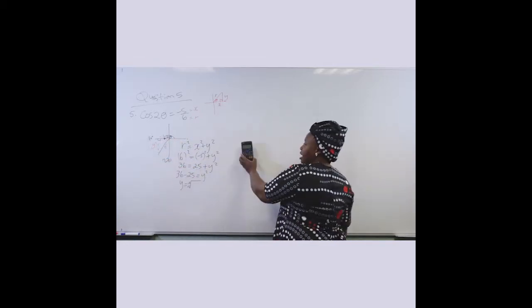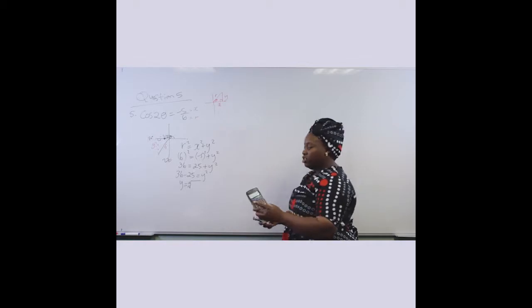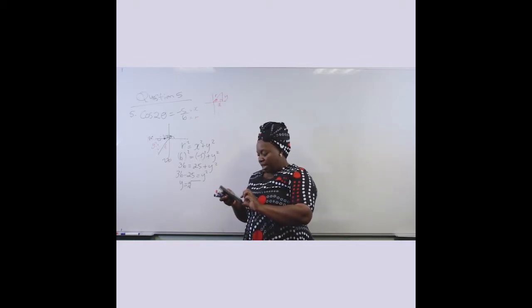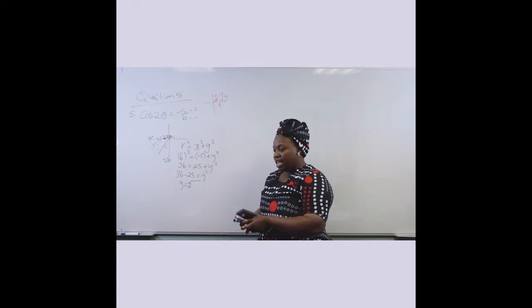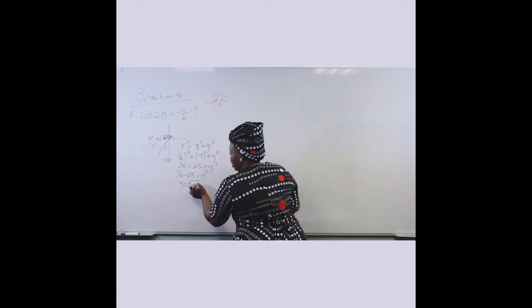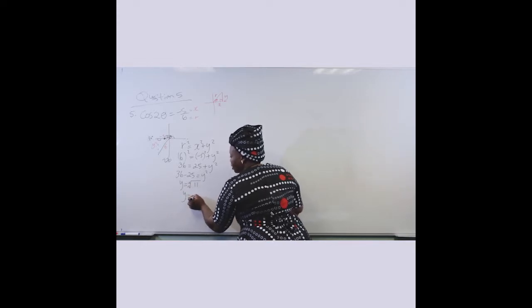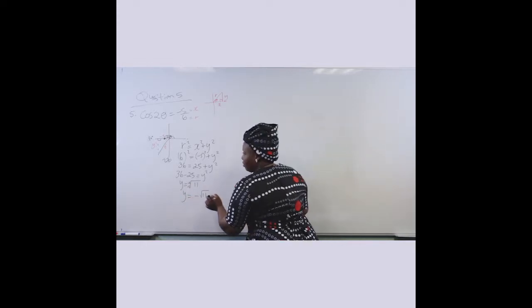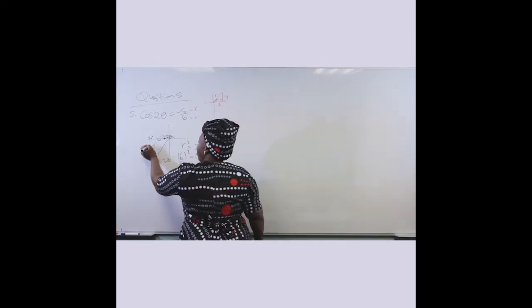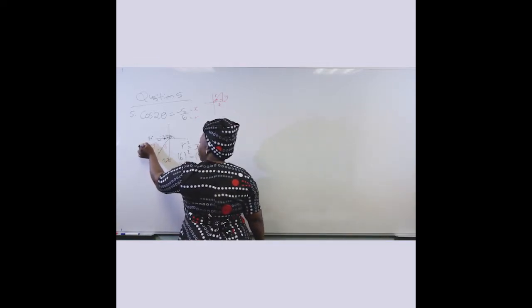You can quickly run to your calculator and make sure that you get it right. Here we go, the square root of 36 minus 25 gives us the square root of 11. Now you go to the Cartesian plane and check. That means y is going to be equal to negative the square root of 11, because we're on the negative side of the y. So there, your y is negative the square root of 11.